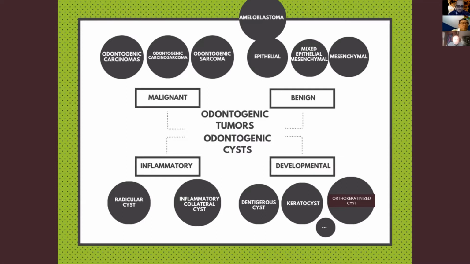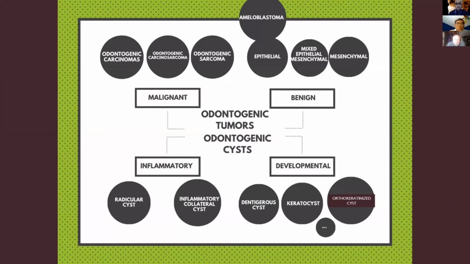At the bottom, we look at the odontogenic cysts. There are other maxillofacial cysts, but in this case, they are of odontogenic origin and they could be inflammatory, like the most predominant inflammatory cyst, the radicular cyst, or the inflammatory collateral cyst.